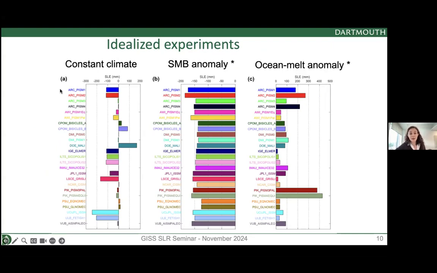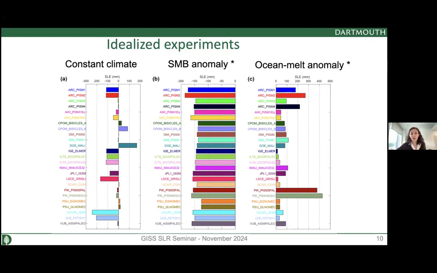So you see that under present-day conditions, some of these models show a large mass gain, 100 millimeters of sea level equivalent, up to more than 200 millimeters of sea level equivalent for some of them, while some other models show a mass loss up to almost 200 millimeters of sea level equivalent. So there's really a large uncertainty in the trend that these models have under simple constant climate conditions.